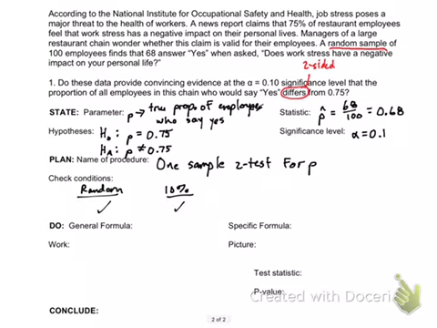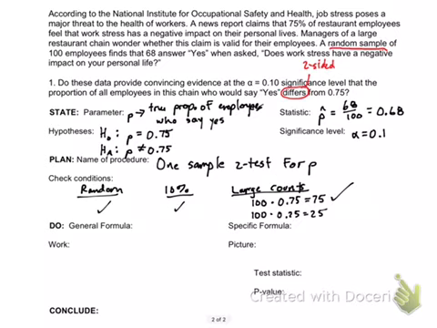And the last little bit, the large counts, so normal. Remember, we're using the proportion that's given as the one we're testing, that 0.75. We sampled 100 employees, so 100 times 0.75 is 75. We're good there. 100 times the complement to that is also good. So yeah, we've met large counts.